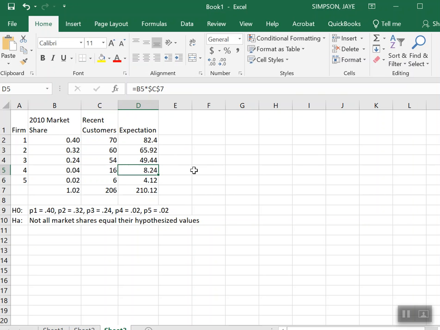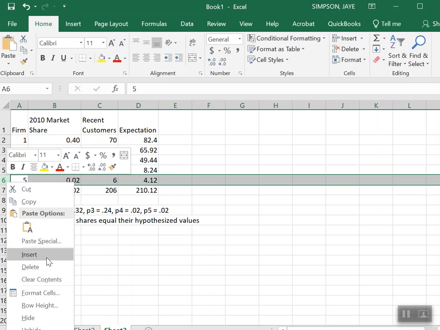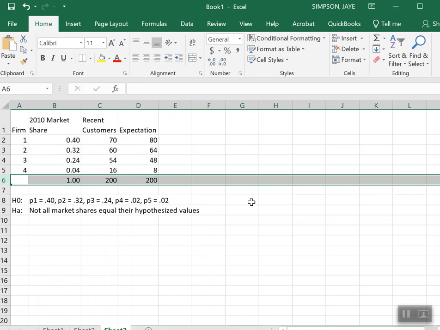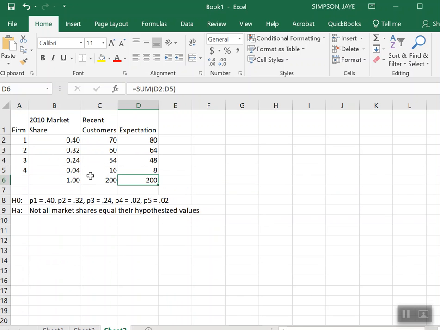And then, I know it's messing all my formulas up here, but I promise it won't, because now I'm going to delete that. Oh, look, and see, now it all goes back. So now I've combined 4 and 5 so that my probabilities all still add up to 1, my total survey still adds up to 200, and my expectation still adds up to 200.